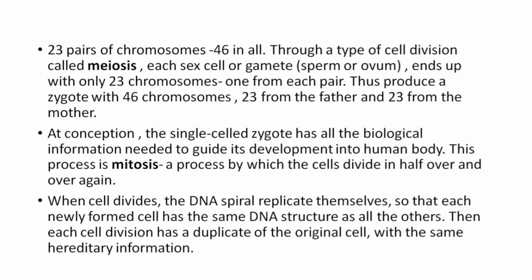This new cell, called a zygote and only the size of a pinhead, is the beginning of a human. Conception has occurred. A sperm cell and an ovum each contribute 23 chromosomes to the zygote to give it 46 chromosomes total, organized into 23 pairs.